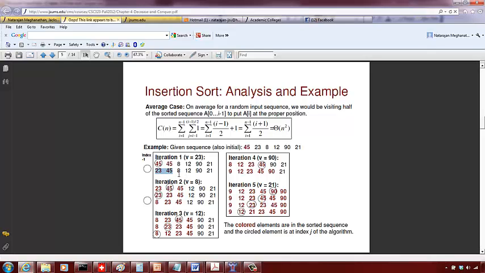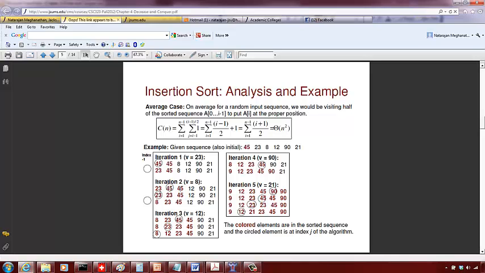Now this is the sorted array, 23 and 45, and we have 8, 12, 19 and 21. We are going to pick up 8 and insert it in the right location in this sorted array. So we compare 45 with 8. Since 45 is greater than 8, this is not the final location for 45, so we copy 45 to the next position, and then compare 23 with 8.